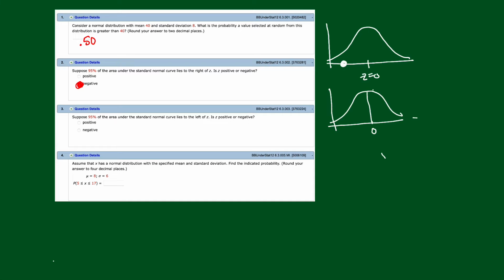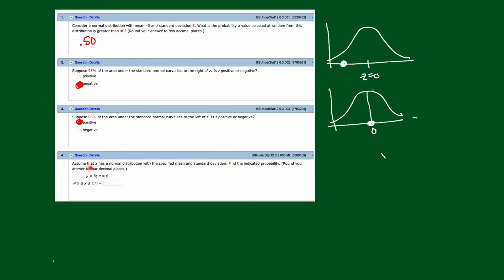If I put the Z here, at 0, that's a good place. 95% to the left, well, if I go to the left, I'm only getting 50%, so it's not there. If I go over here, that area to the left is less than 50%, so it's not there. I'm going to have to put the Z-score out here, because that way I can get 95% of the area right there. So what do you know about Z? Z is positive. So let's go up to problem number 3, and we will say that Z is positive, and there's our answer for that one.